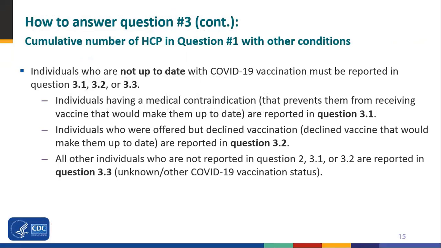Keep in mind that individuals who are not up to date must be reported in question 3. Individuals having a medical contraindication that prevents them from receiving the vaccine that would make them up to date are reported in question 3.1.